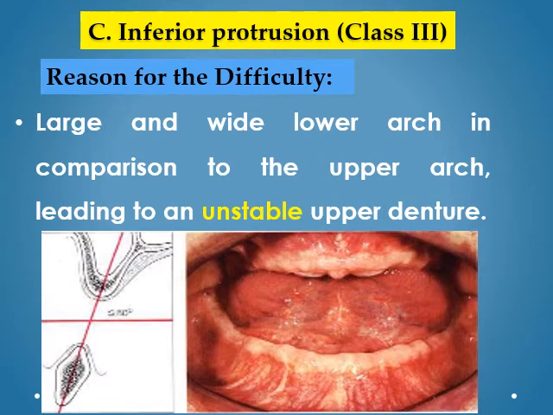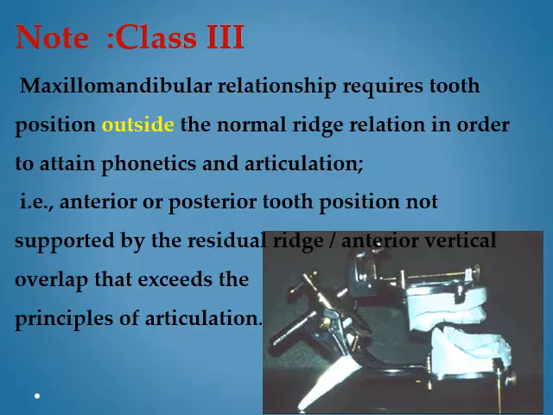Inferior protrusion, in class 3. A reason for the difficulty: large and wide lower arch in comparison to the upper arch, leading to an unstable upper.